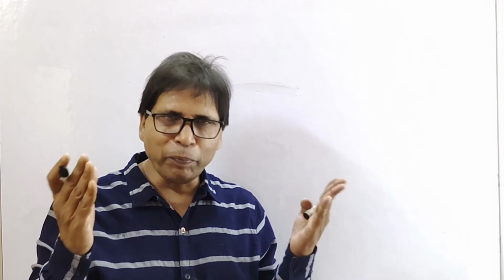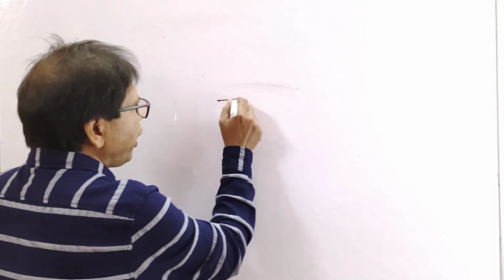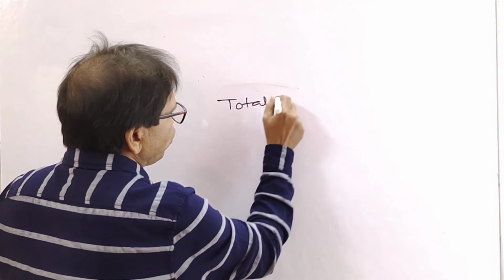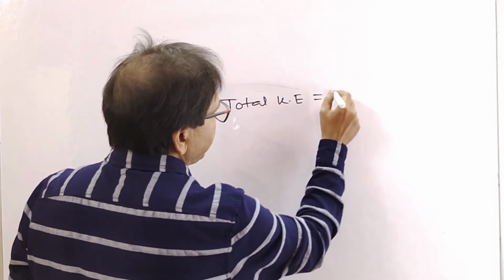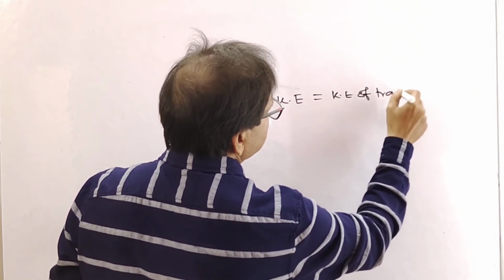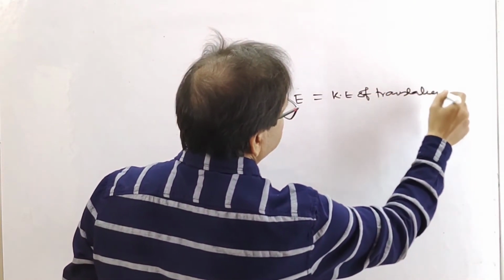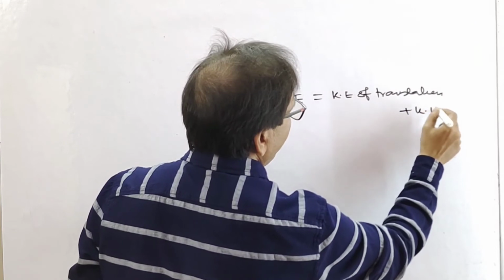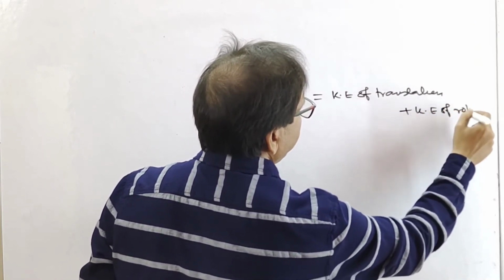Now, kinetic energy during pure rolling. In pure rolling, the total KE is equal to KE of translation plus KE of rotation. Okay.